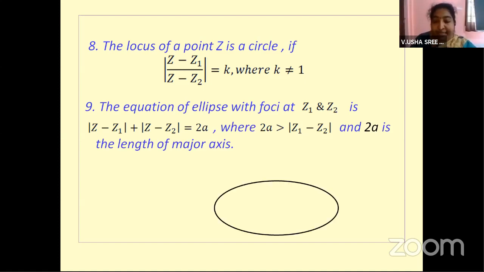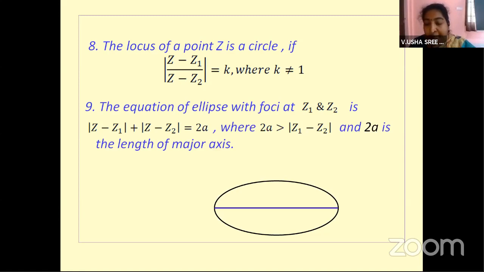When you consider an ellipse, children, an ellipse will have two axes. One is the major axis and one is the minor axis, depending upon how the ellipse is positioned. Now, if I take the position of the ellipse like this, my major axis will be represented with this blue line.